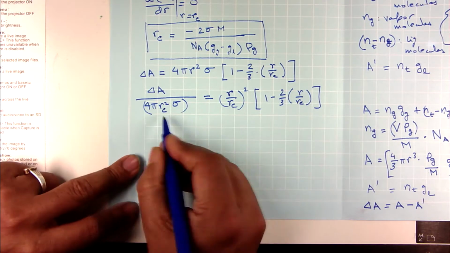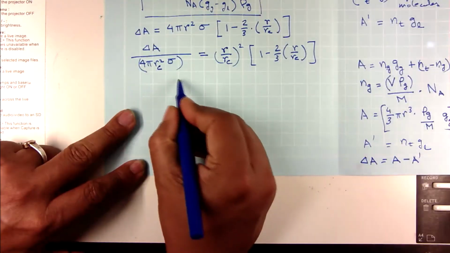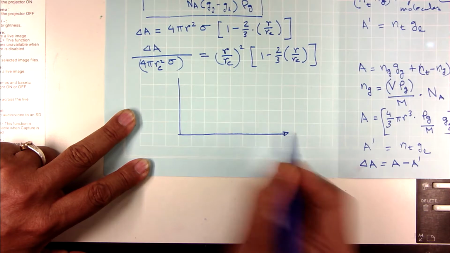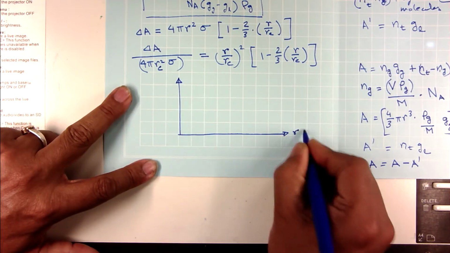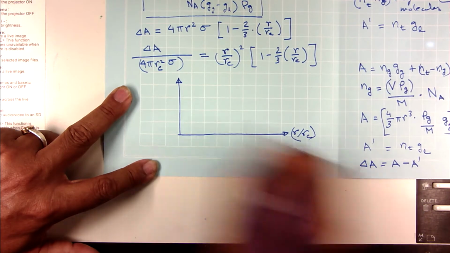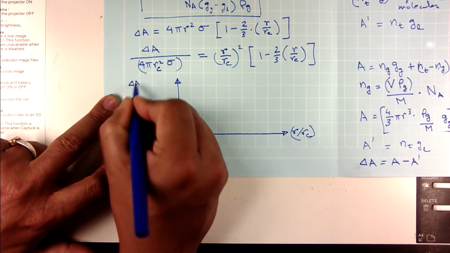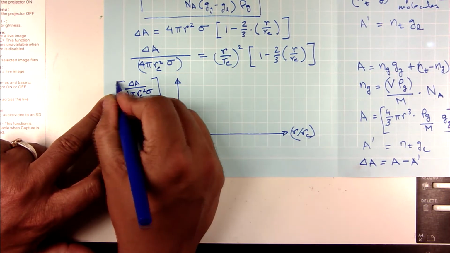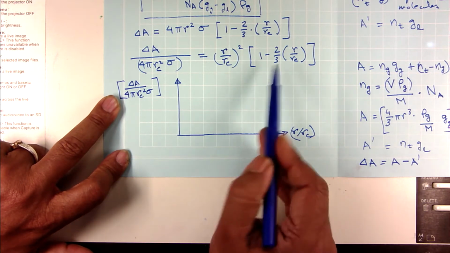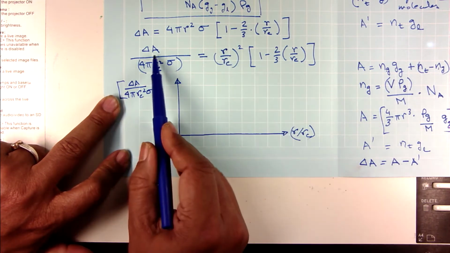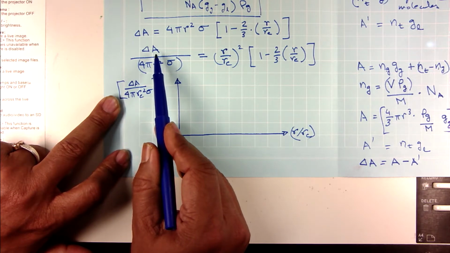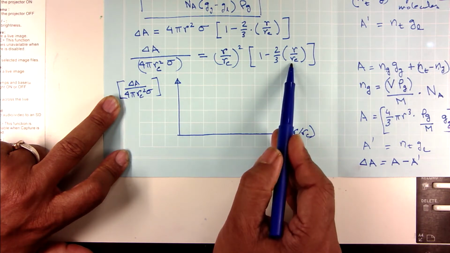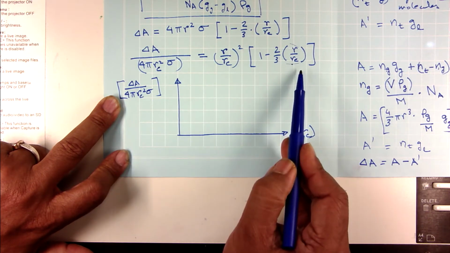Okay. So, if I plot this equation, r by r c on the x axis, and delta A by 4 pi r c squared sigma on the y axis, when my r is equal to 0, availability is 0, right, and when my r by r c is equal to 3 by 2, this term goes to 0, is not it.